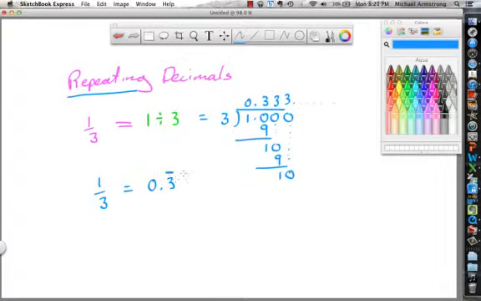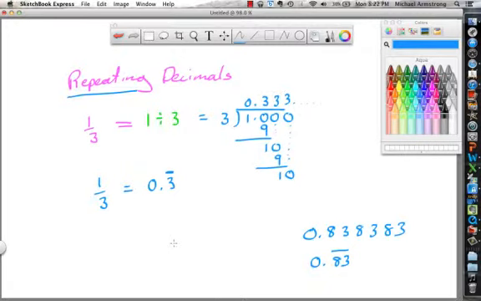This bar notation is to show us that it's a repeating decimal, and the part that the bar covers is what repeats. So for instance, if the answer to changing a fraction into a decimal was 0.838383, I would write that as 0.83, and I'd put a bar over both the 8 and the 3.